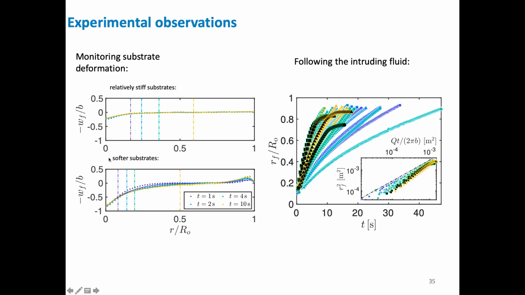If you start with a relatively stiff substrate, then not much happens. You have a relatively rapid deformation in the center of the cell where you're injecting the liquid, and then very quickly it saturates to some steady shape, and then as more liquid arrives, it just spreads out, and that's pretty much it.